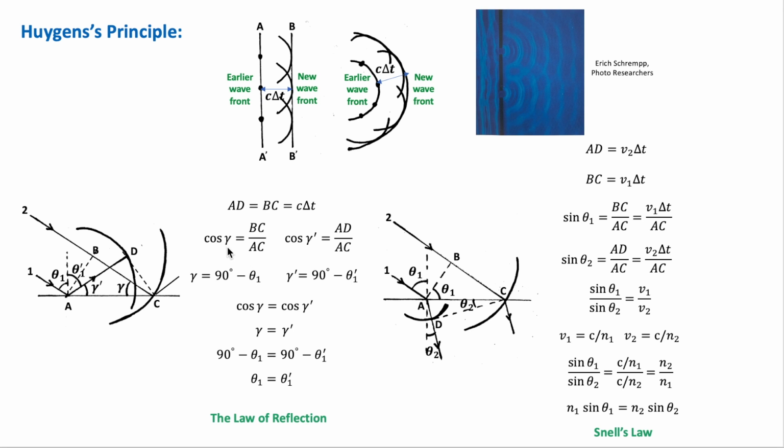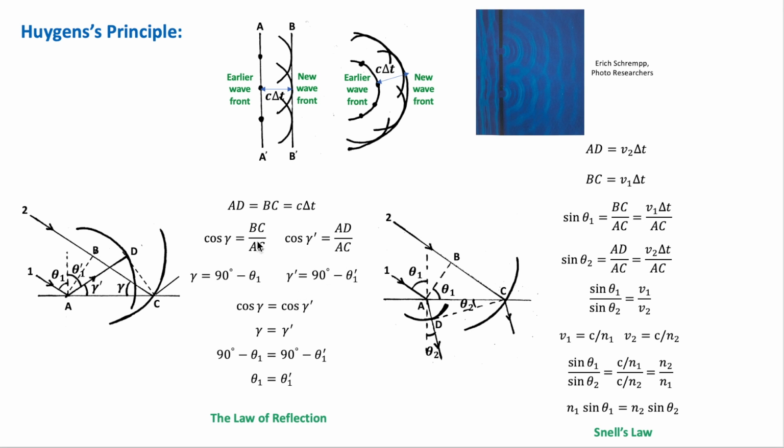And so cosine gamma is equal to BC over AC, and cosine gamma' is equal to AD over AC. And gamma is equal to 90 degrees minus theta 1, and gamma' is equal to 90 degrees minus theta 1'.